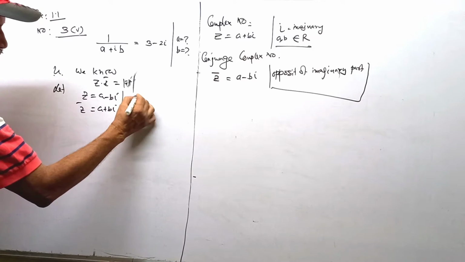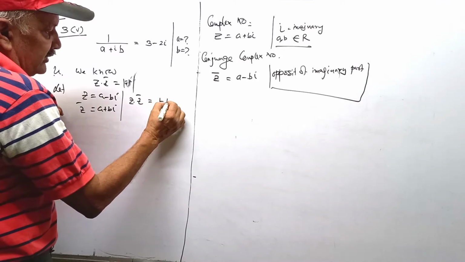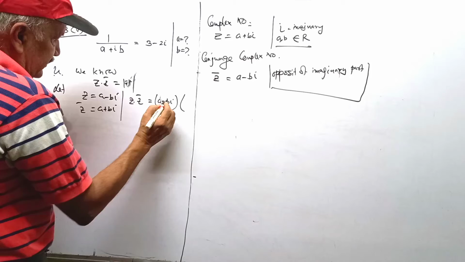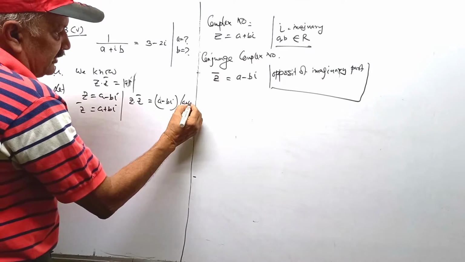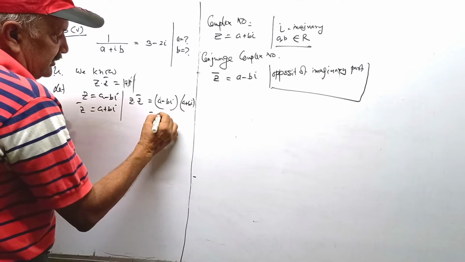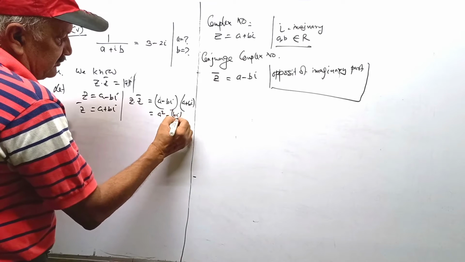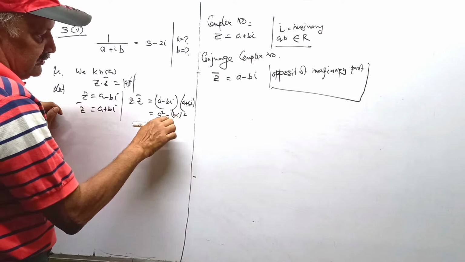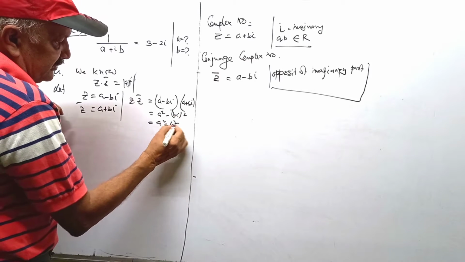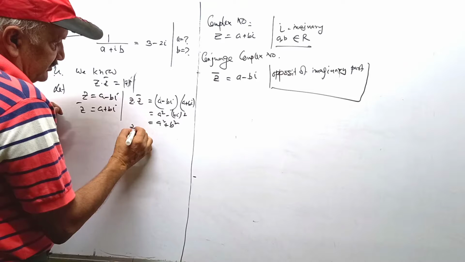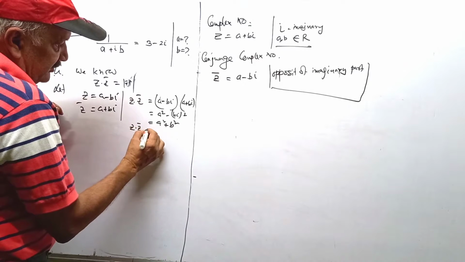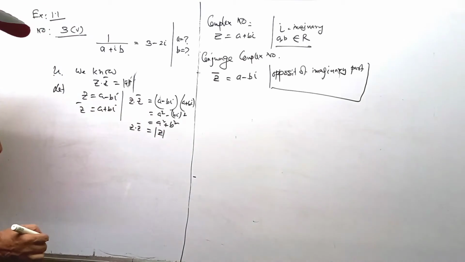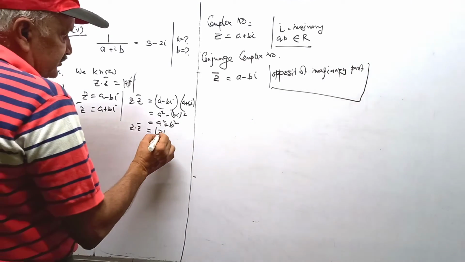So z into z bar equals a minus bi times a plus bi, that is a square minus b square i square, and i square equals minus 1, so it is a square plus b square. Hence z into z bar equals mod z square.